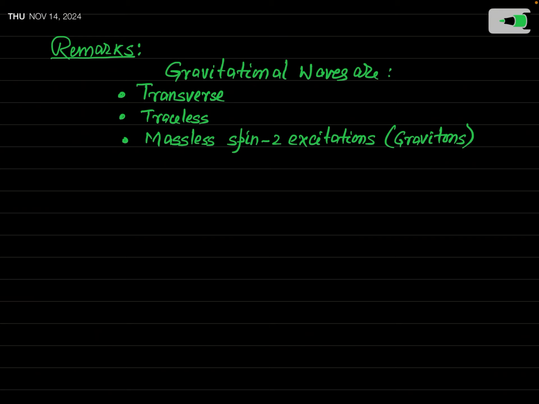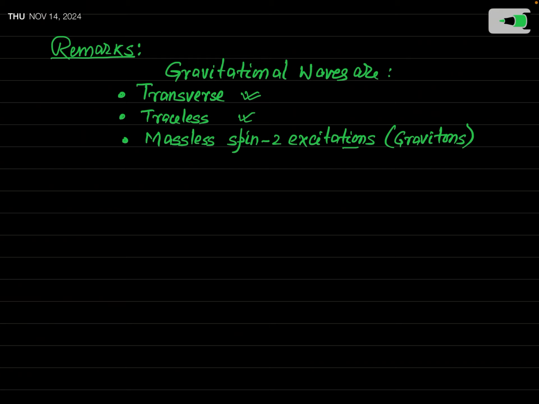I have mentioned here some remarkable facts for objective type questions. When you talk about gravitational waves, you can say that in free space such waves are transverse in nature, like electromagnetic waves. These are traceless and massless spin 2 excitations. It means when we talk about the quantum theory of radiation, gravitational waves correspond to quanta called gravitons, and these gravitons are massless spin 2 particles.